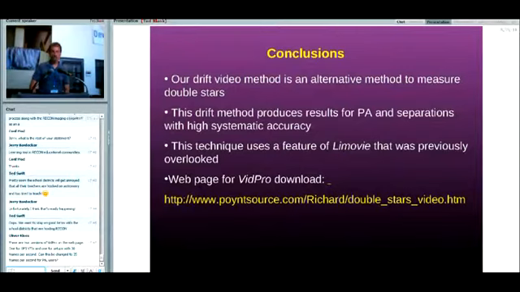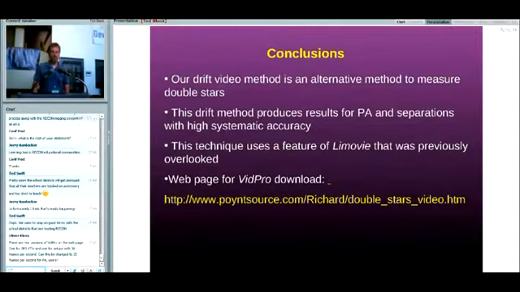Are you using the regular aperture control, or are you using the point spread function method? Because my feeling is I tried to track things with Limovie's point spread function, and it fails. It doesn't do a very good job of tracking where the star is in real time.